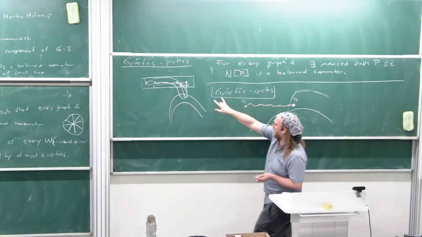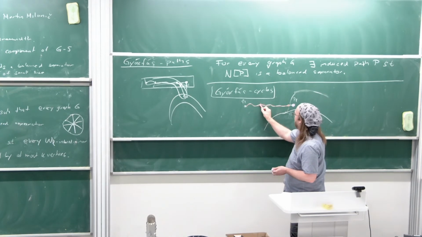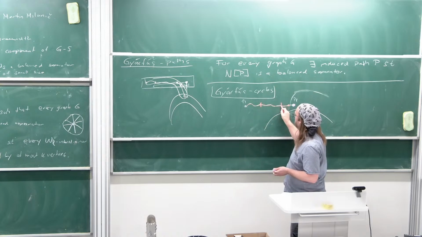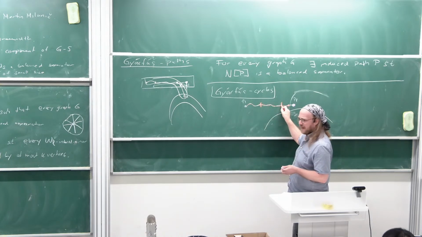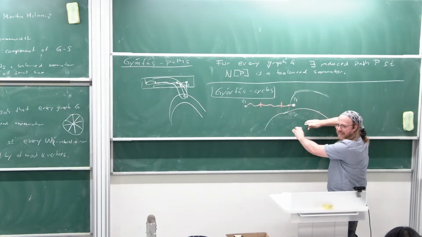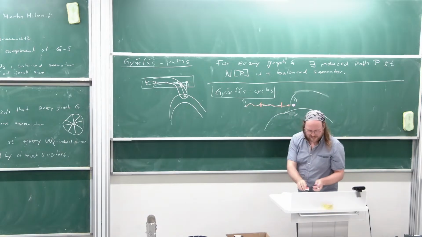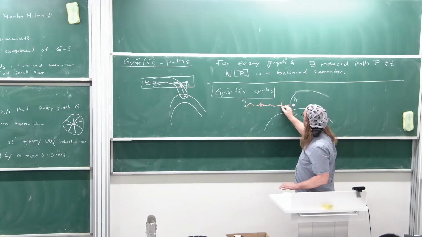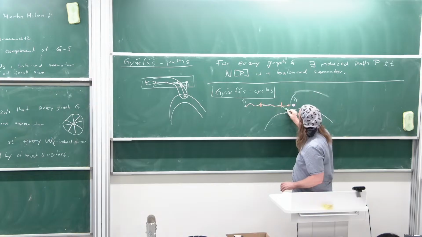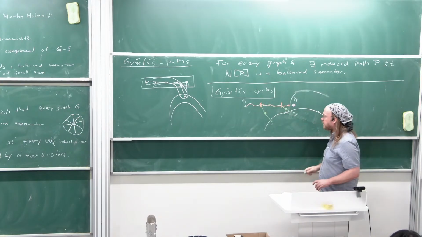And again, we kind of use the same trick here. Let's pick a minimal subpath that covers the whole neighborhood towards that heavy component. Why we do this: we make sure that this guy has a private neighbor towards this component, and this guy has a private neighbor towards this component, so that this still is all induced.